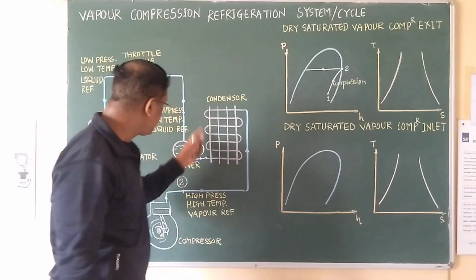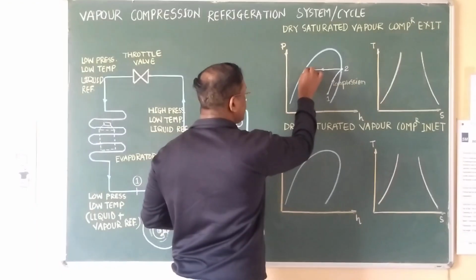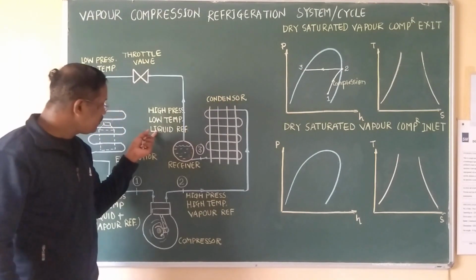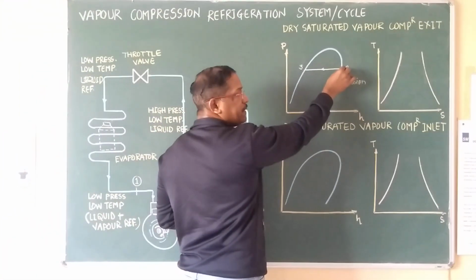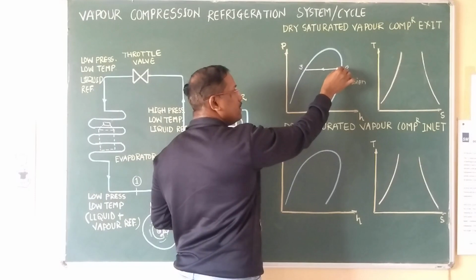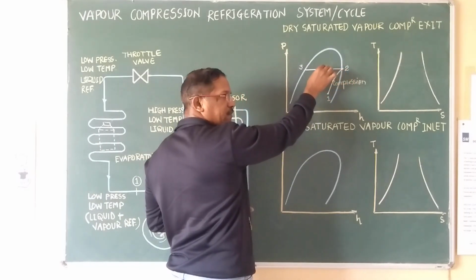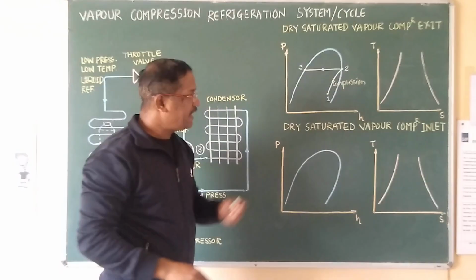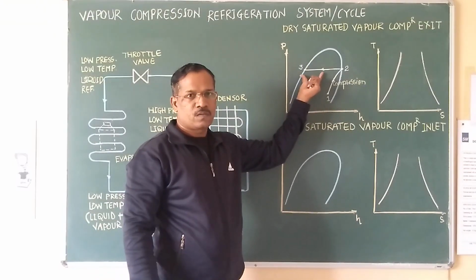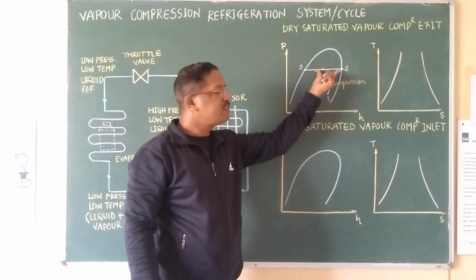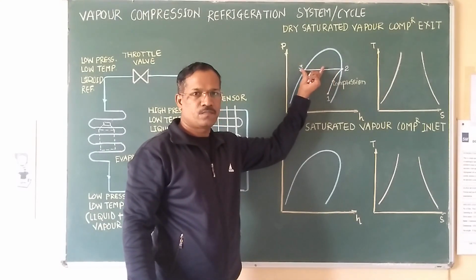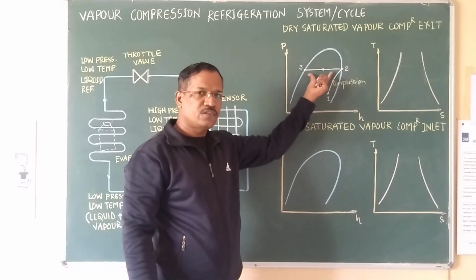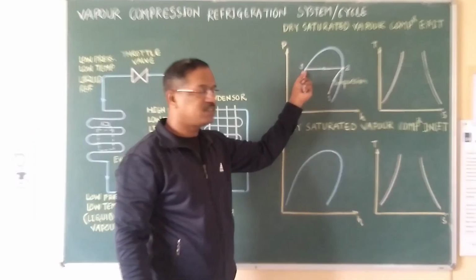And after the condenser we reach point 3. Vapor is converted into liquid. So dry saturated vapor during condensation loses its heat and is converted into liquid form, and as it is latent heat, there is no temperature change. As there is no pressure reduction or rise during this, it is a constant pressure process.